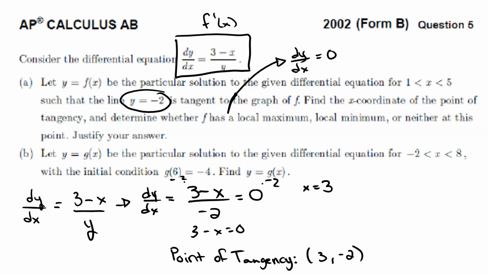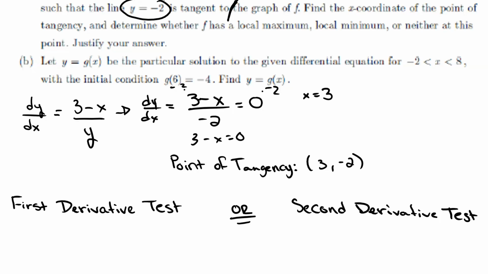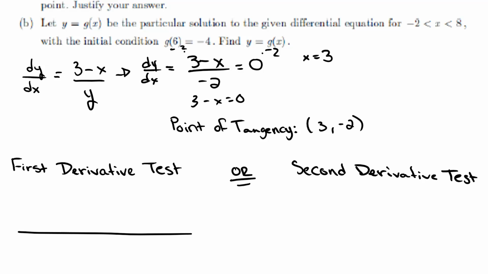When we're looking to identify if it's a local max or a local min, we have two techniques for doing that. Right? We have the first derivative test and the second derivative test. The first derivative test is where we had our number line with our derivative, and we had values, right, on either side of that critical point.